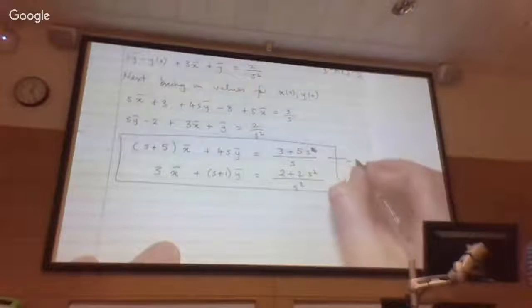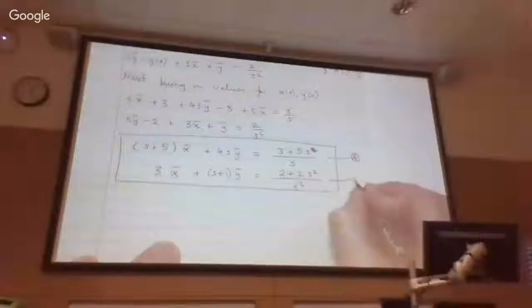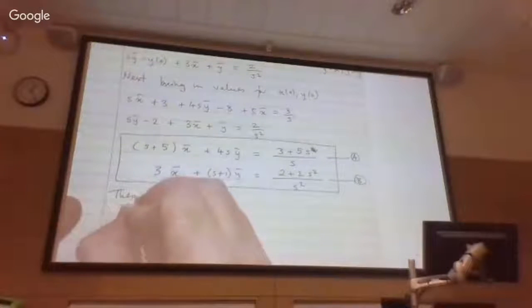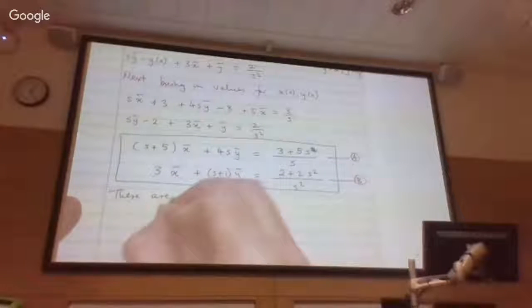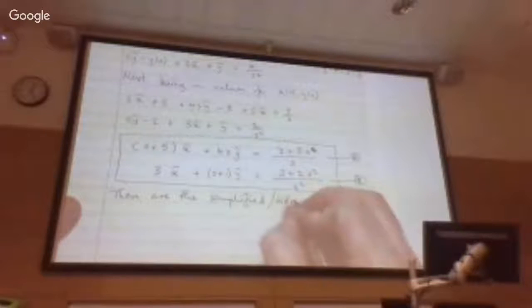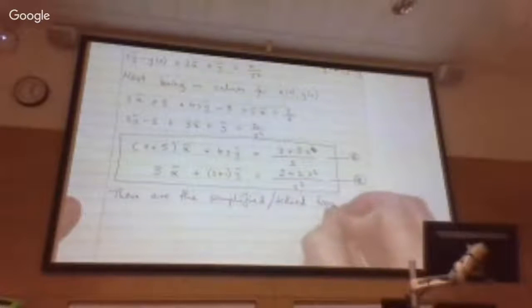Maybe you might want to label them here, just so I can refer to them. So I'll call them A and B. These are the simplified, or tidied up, transformed equations.